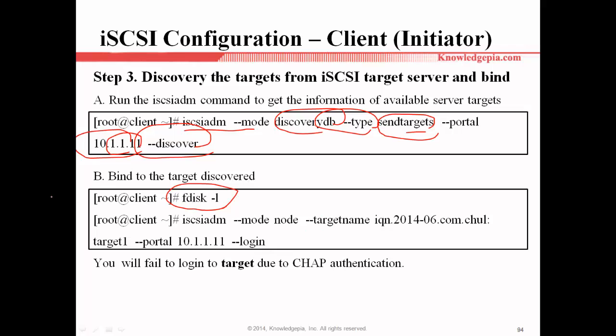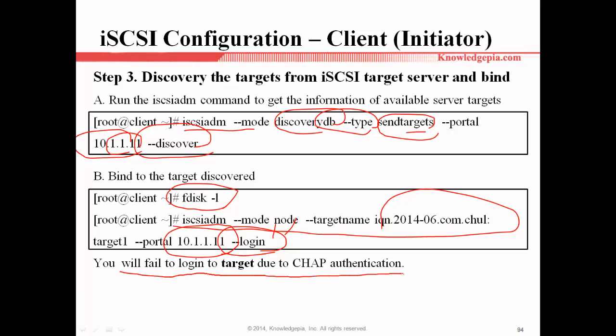Then using the iscsiadm -m node command with the target name, in my case this target name, the server IP address, and login. But this command is right, yet you will fail to log in to the target because you don't have the CHAP authentication configuration yet.